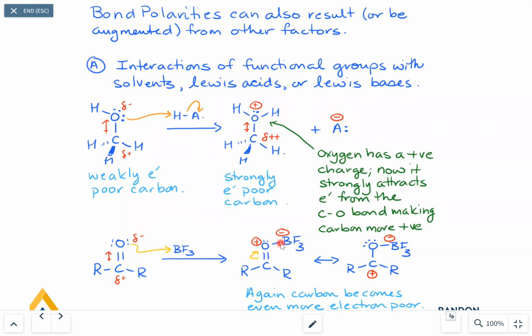Once it's complexed, this is actually going to increase the polarity of this carbon, because we can draw a resonance structure where we move these electrons here, and lo and behold, now this carbon's got the positive charge. So this is a way of increasing the delta plus of that carbon, because you've got a valid resonance structure where there is a positive charge on that carbon.